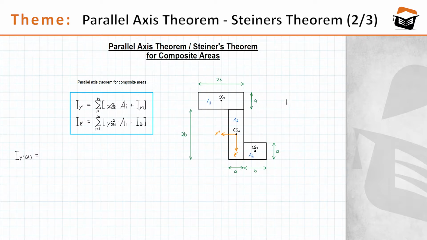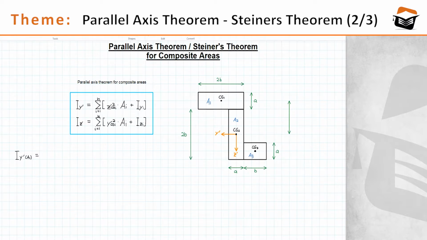That distance on the sketch is this, and if you look closely at the geometry of the whole body, you will see that the distance between centroid 1 and centroid 2 along the z' axis, or any axis that is parallel to z', is simply b plus a half.